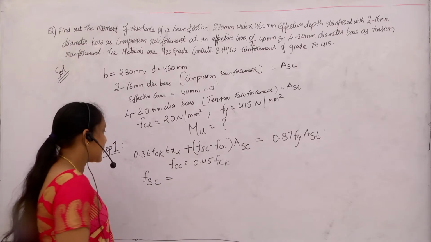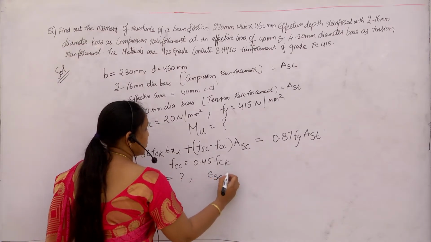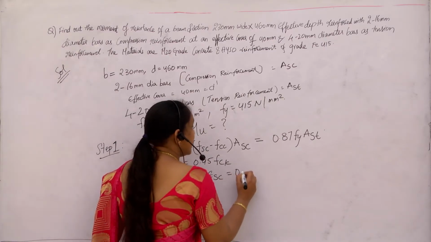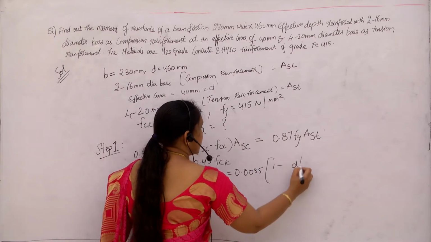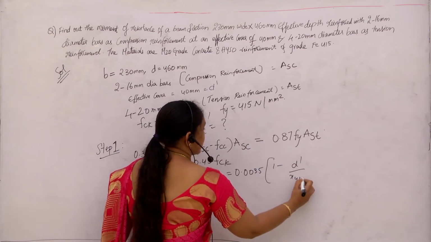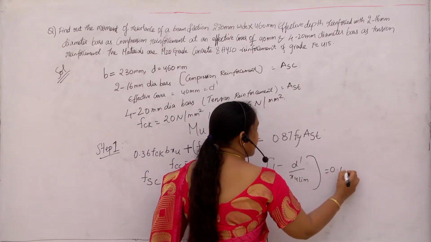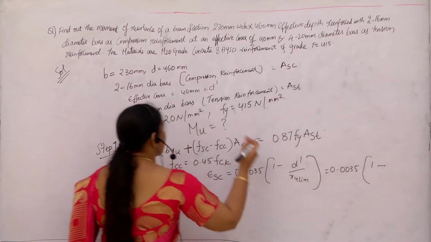You have to calculate the esc value, that is, the strain value is what you have to find out. So what is the formula for finding out the strain? It is 0.0035 into (1 minus d dash by xu,lim), which will be equal to 0.0035 into (1 minus d dash), whose value is already given.